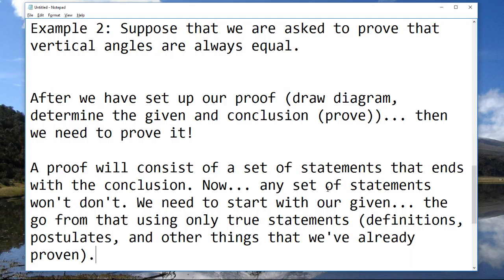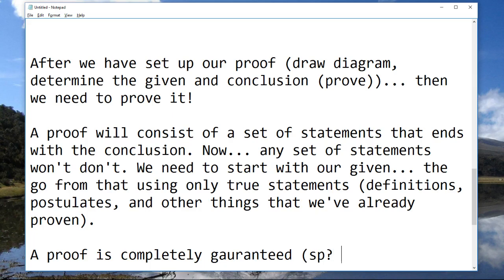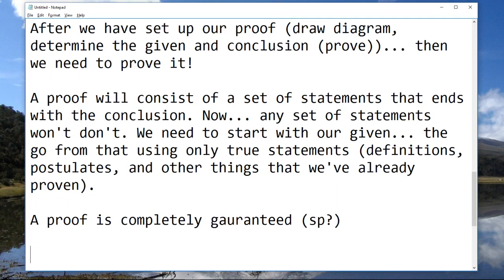Now, a really important thing is that a proof is 100% guaranteed. A proof is completely guaranteed. I think I spelled that right. Spelling error. So, and we're guaranteed because our given starts out true.